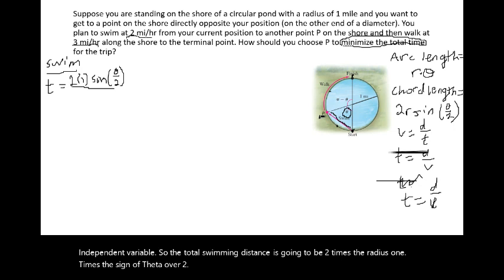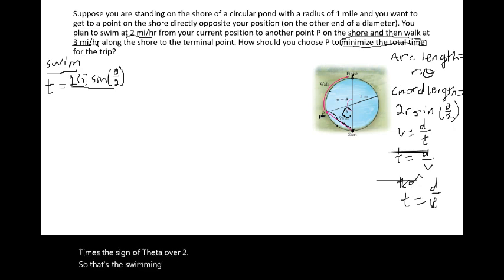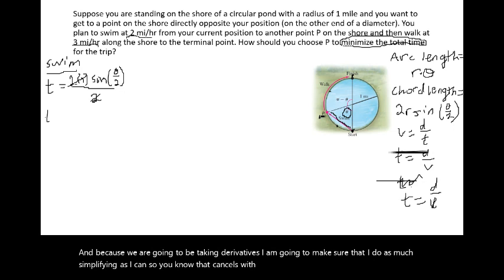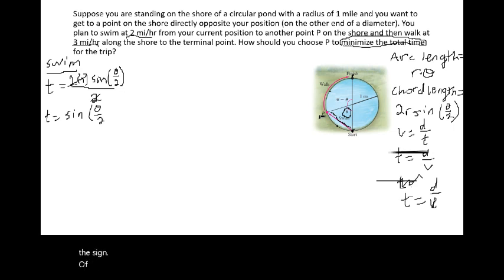So that's the swimming distance, divided by the swimming speed. The swimming speed is that 2 miles an hour. And because we are going to be taking derivatives, I am going to make sure that I do as much simplifying as I can. So, that cancels with that, giving you the total swimming time is just equal to the sine of theta over 2.